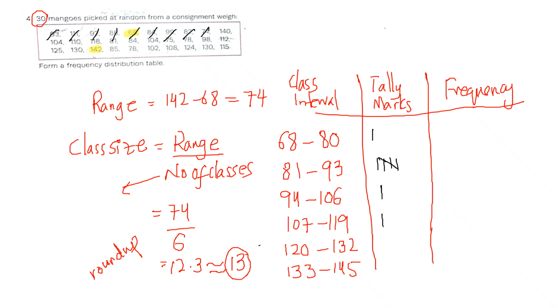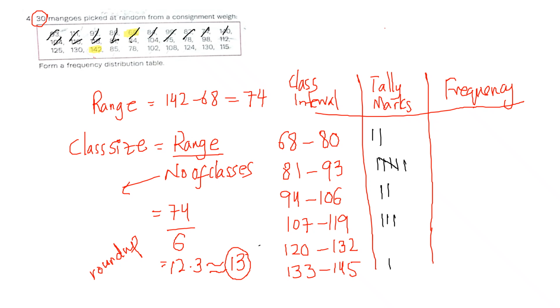74 lies here, 140 lies here. Now 104 lies here. Then I have 110 lies here. Then I have 118 lies here. Then I have 81 lies here.